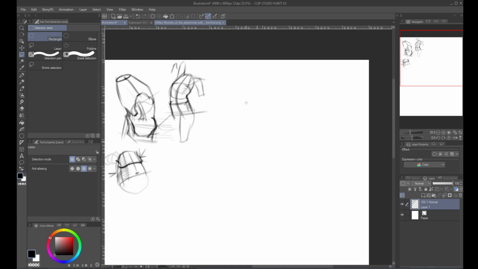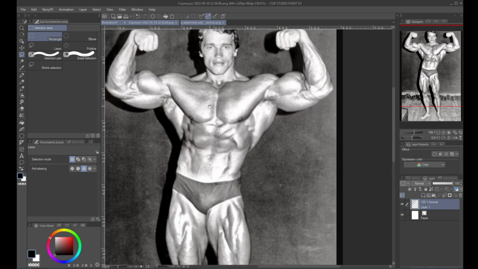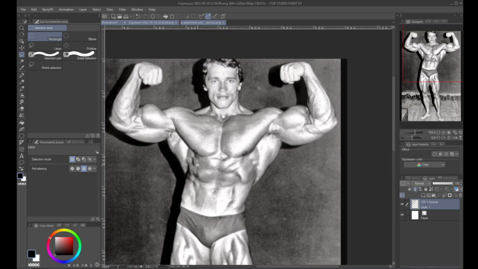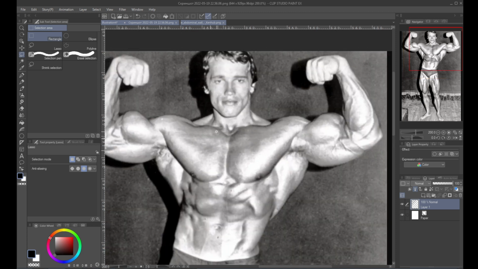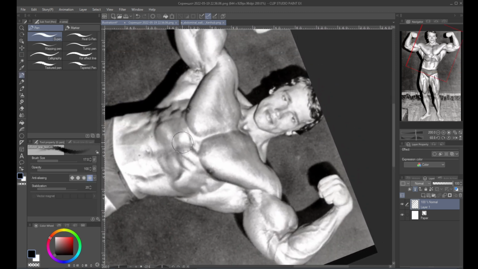So for the purpose of this lecture, I wanted to use an image of Ricardo Milos, but I couldn't find good enough quality, so we'll go with Arnold Schwarzenegger instead. So the first thing that we can notice here is that he's really buff here, really buff, but is he though? Let's find his ribcage.